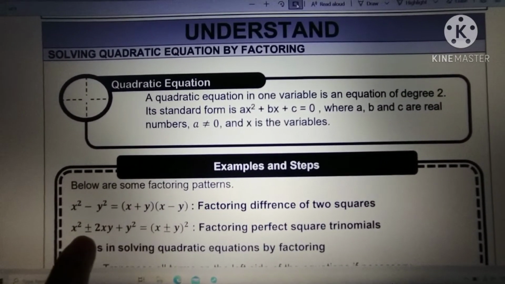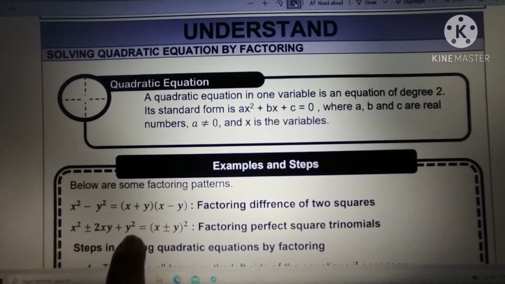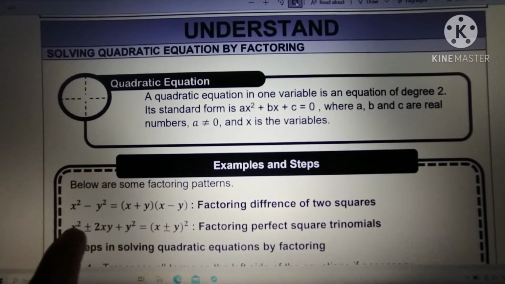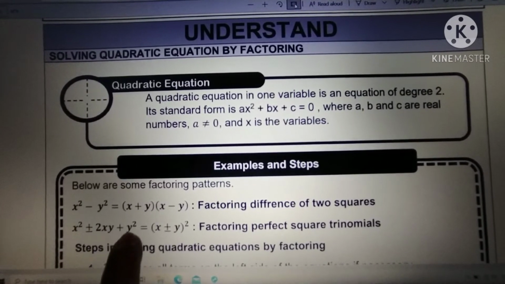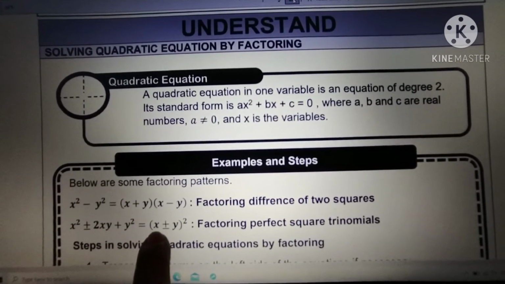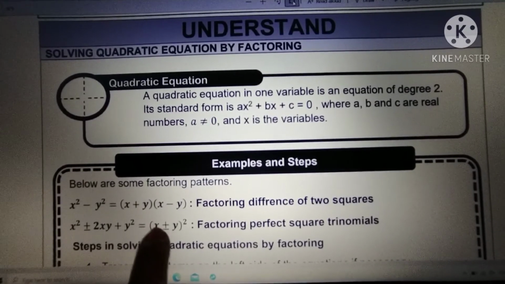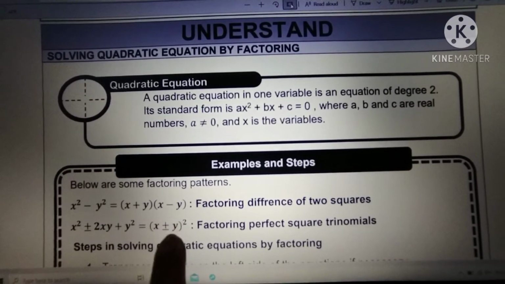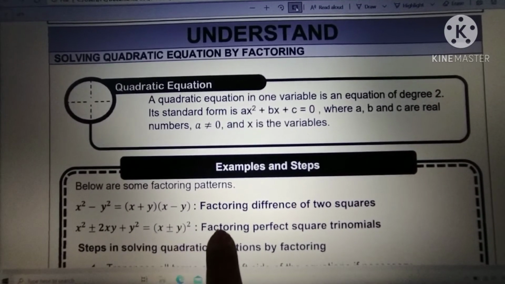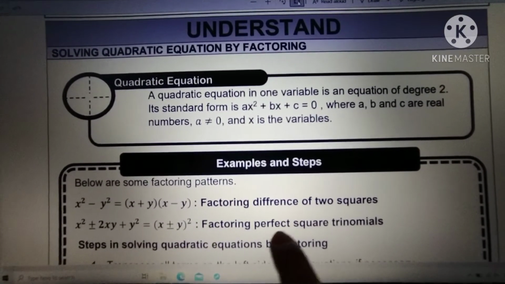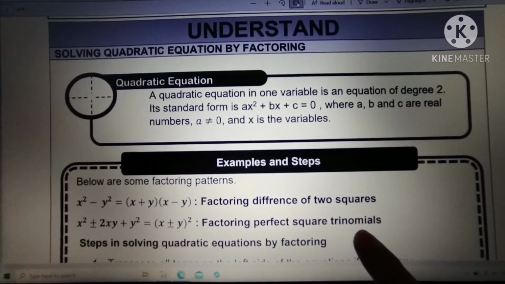If the given is the square of x plus or minus 2 times x times y plus the square of y, the factors are x plus y quantity squared and x minus y quantity squared. That is factoring a perfect square trinomial.